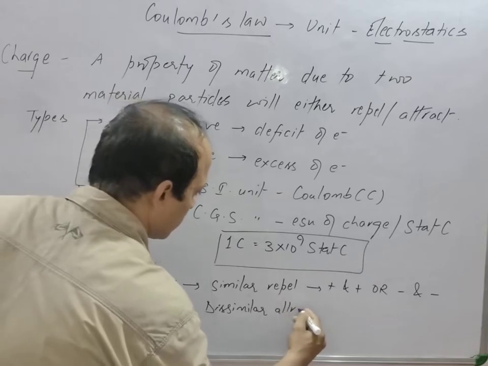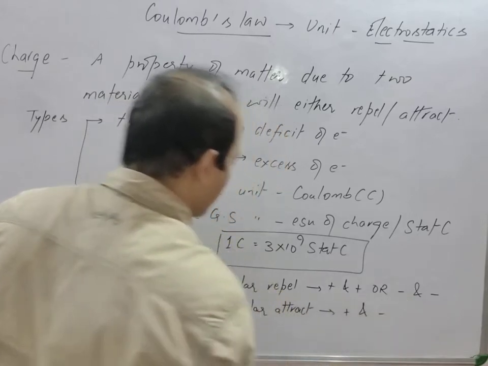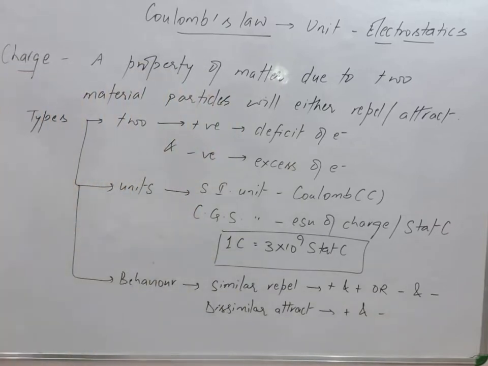As a thumb rule, we know dissimilar charges will attract, means positive and negative will attract, while similar charges will repel. So this is the general behavior of charges that we already know.